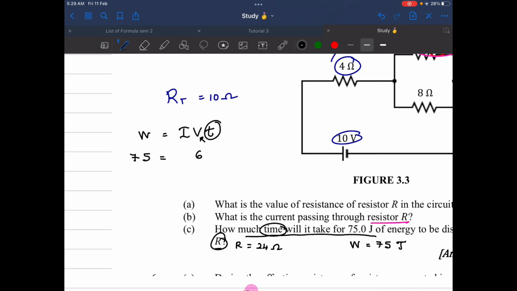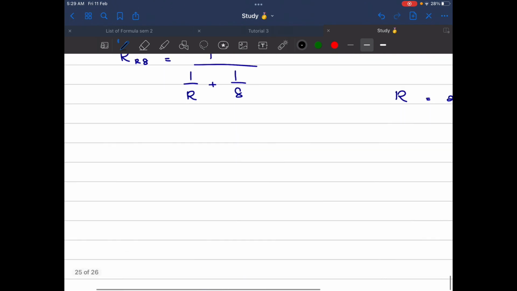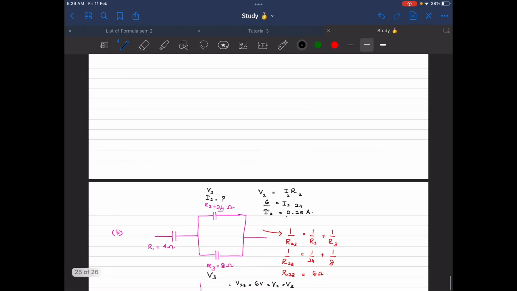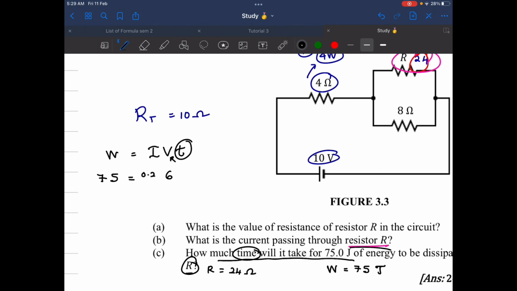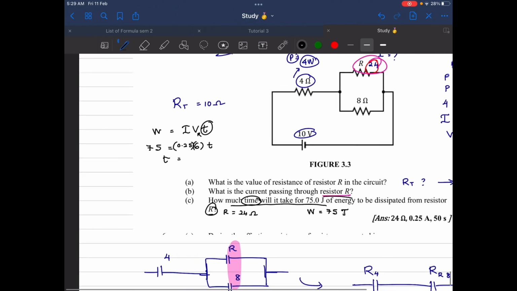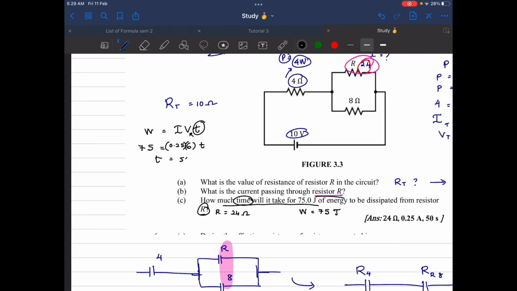This is the I that flows through resistor R, which we got earlier, I2 equals 0.25. And then you could get the time. I think your time would be 50 second.